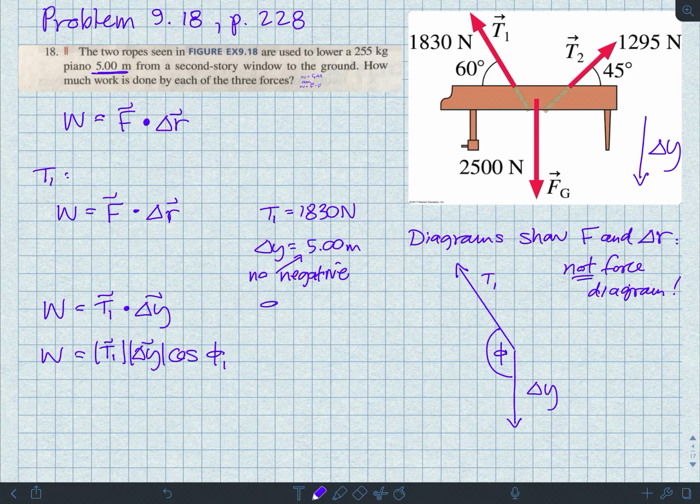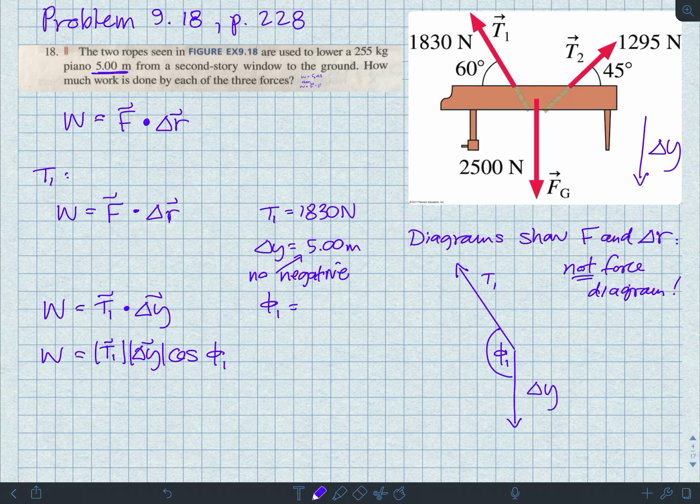I'm going to call this phi 1. Every force is going to have its own unique value for phi. You can see already in the diagram that the angles are different for each force.